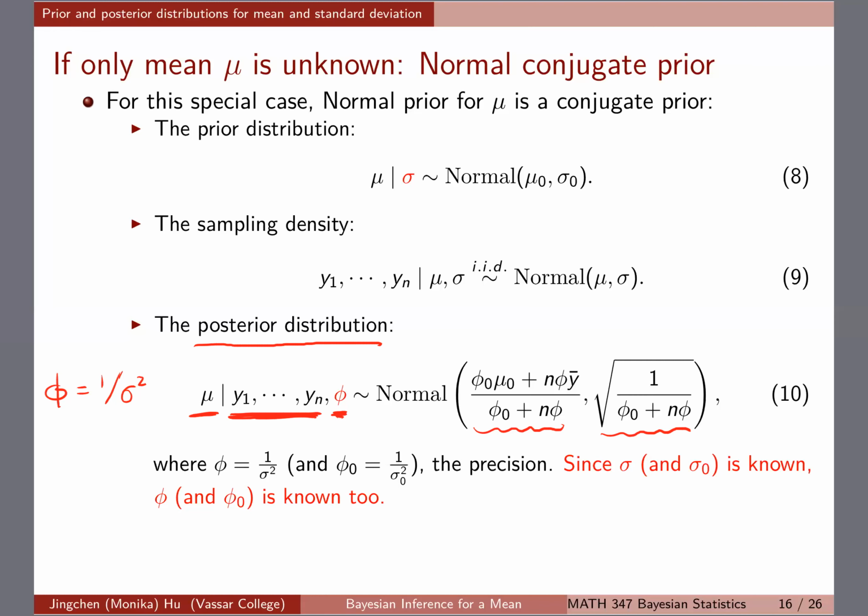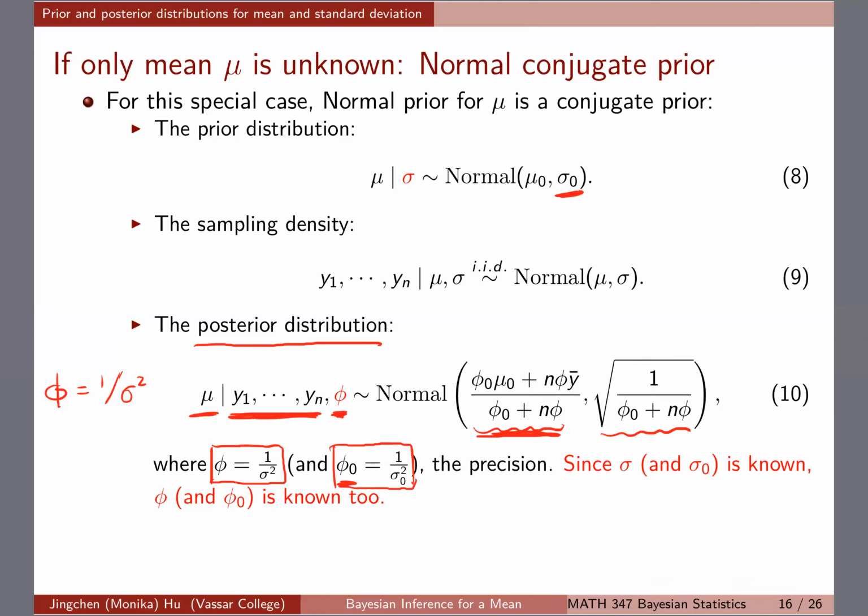But I do want to show you what this phi is. And of course, we also define phi 0 because that's the precision for the prior, sigma 0. Okay? So phi is the precision from the data model. And then phi 0 is the precision coming from the prior. And by definition, it's 1 over variance.